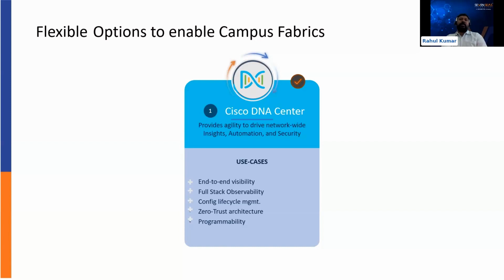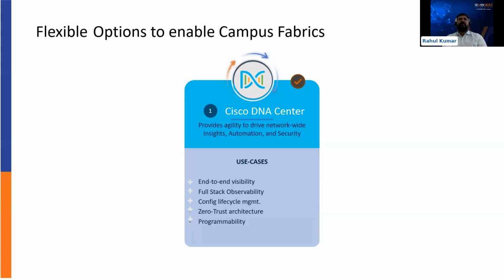You will have proper configuration lifecycle management for your devices, and if you need to upgrade your switches' IOS image, you will have a dedicated golden image in the repository from which you can upgrade all your switches' IOS in one go, which saves a lot of time for the engineers. Using Cisco DNA Center you can achieve a zero trust architecture in terms of segmentation, and it gives you programmability for automation.